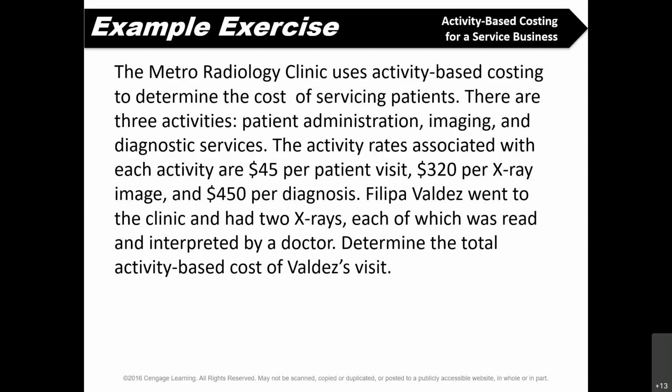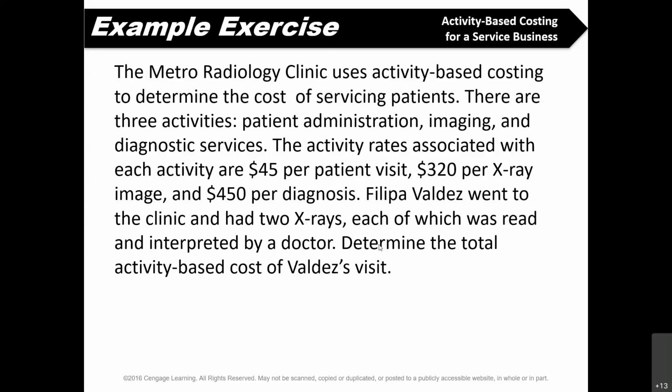So it says that this patient had 2 x-ray images taken. We know that's $320 per x-ray. So that would be $640 for the images. And it says that it was read by a doctor, which I believe is part of diagnostics, $450 for diagnostics. 900, I think.